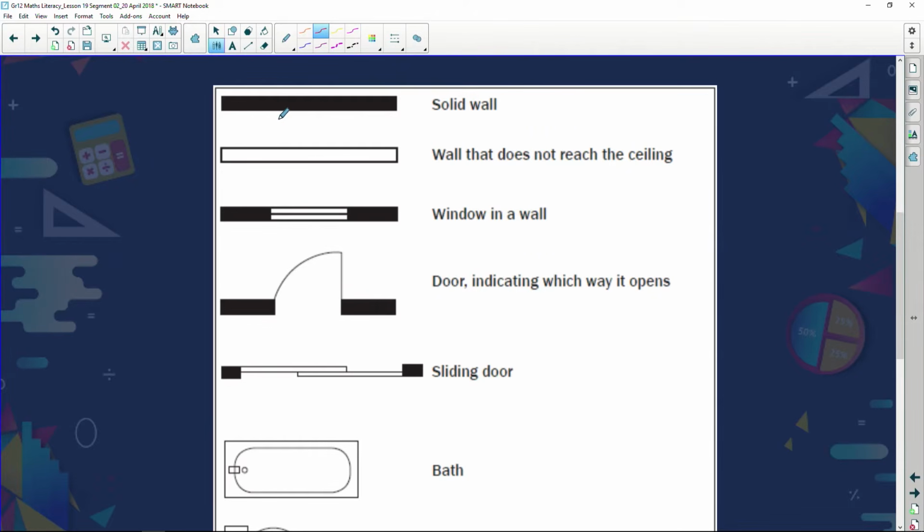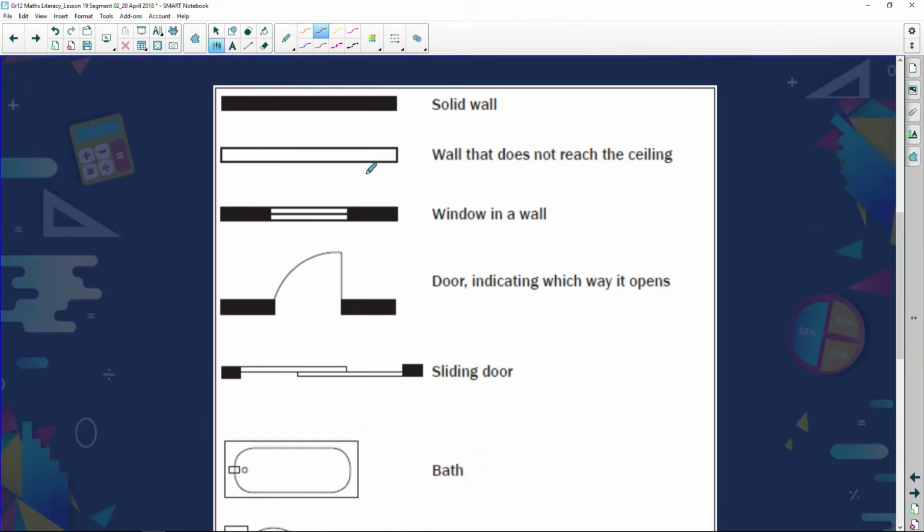A wall that doesn't quite reach the ceiling. Sometimes we have a little wall that separates, for example, the toilet from the shower. It's still within an enclosed thing, but we have a little wall between the two. And the wall that does not reach the ceiling is going to be a rectangle which is not shaded in.